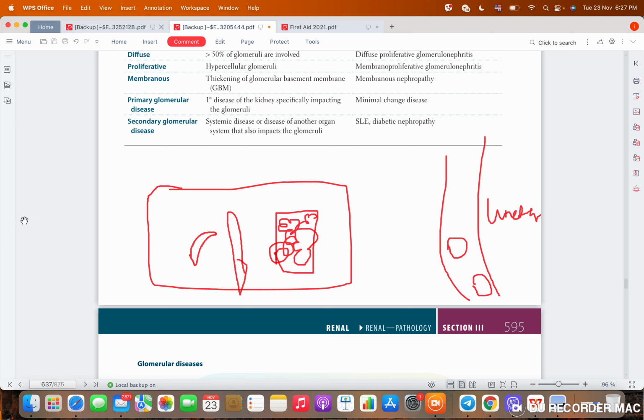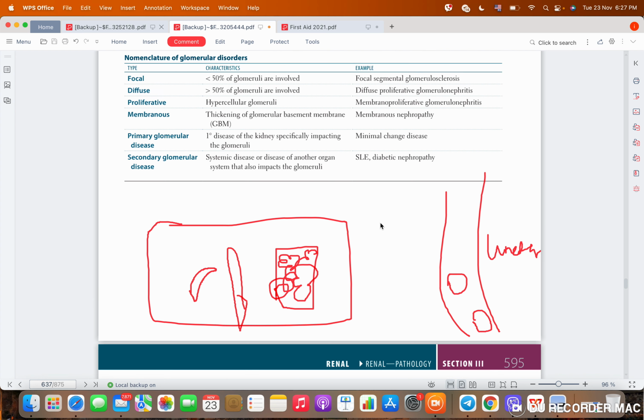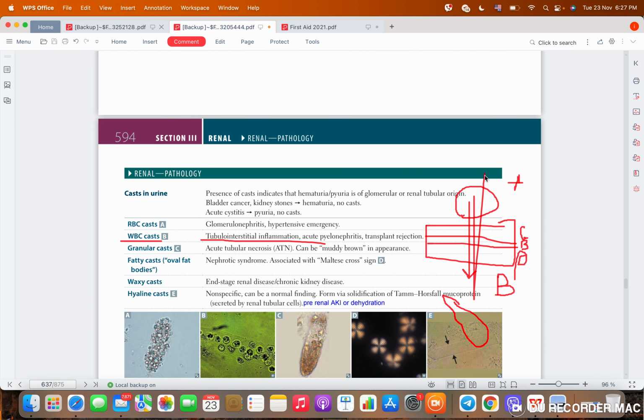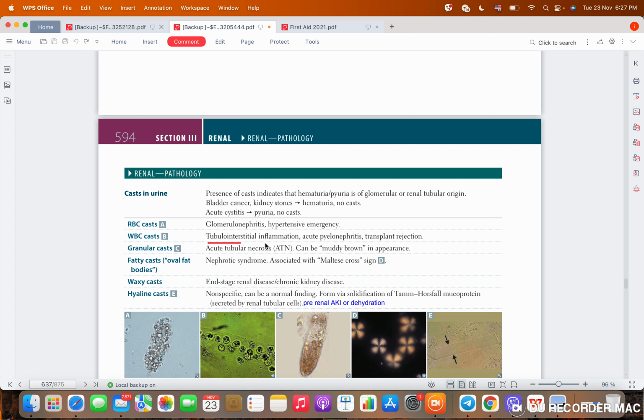Upper, obviously, because it must have passed through the filtration barrier, the filtration membrane, for it to change its structure this way. Yeah. Okay, so tubulointerstitial inflammation is due to eosinophils, and these eosinophils accumulate inside of the kidney and then start becoming filtered, which leads to them making white blood cell casts.